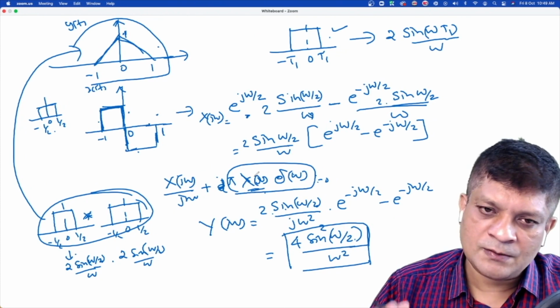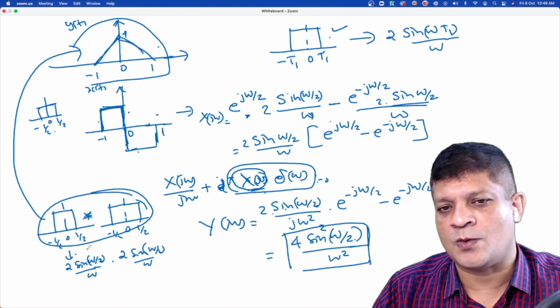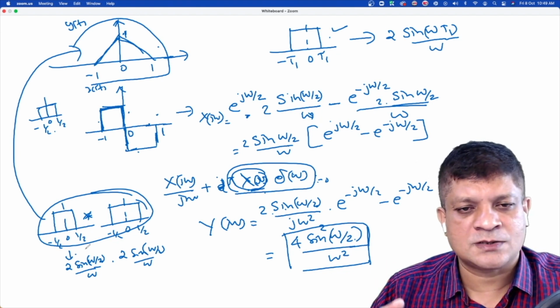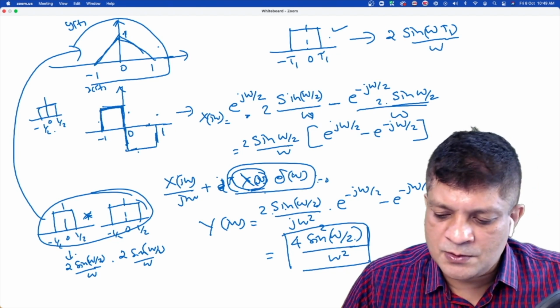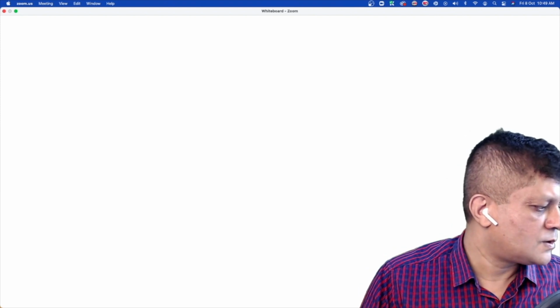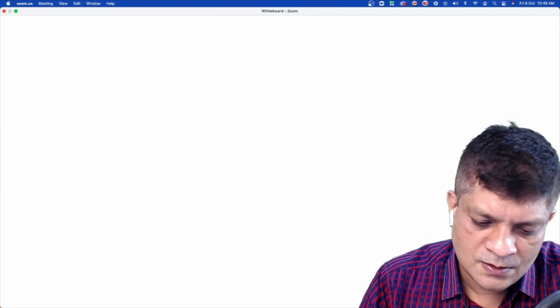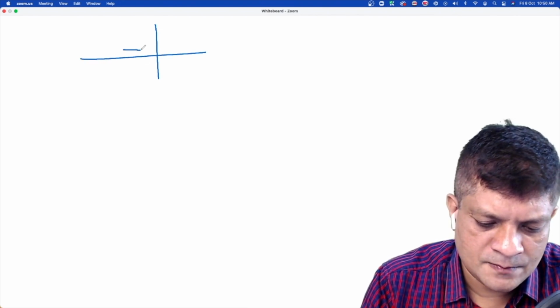Okay. We have considered two examples, and in both the cases, this X(j0) is 0. Now let us consider an example where X(j0) is not 0. That is a problem from the tutorial sheet, I think the second or third question in the tutorial. This is the question.